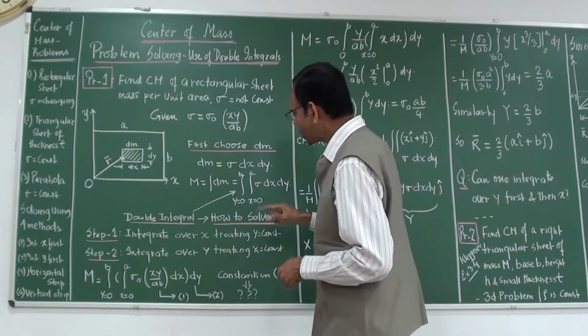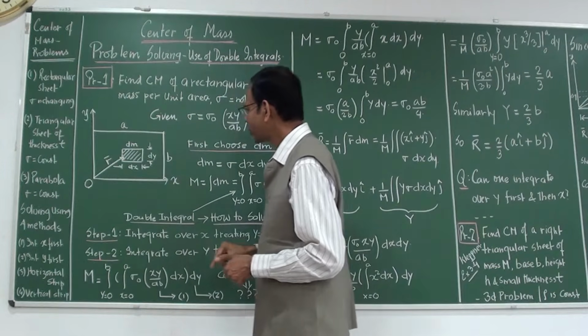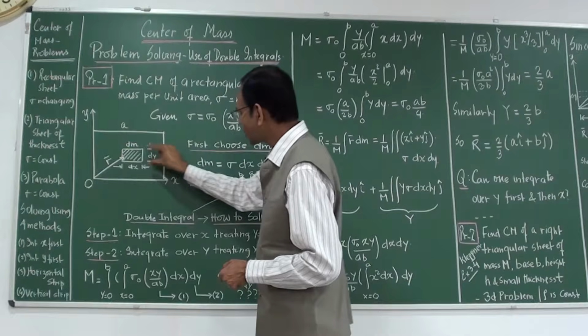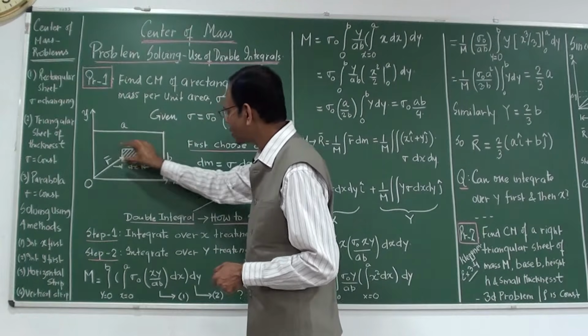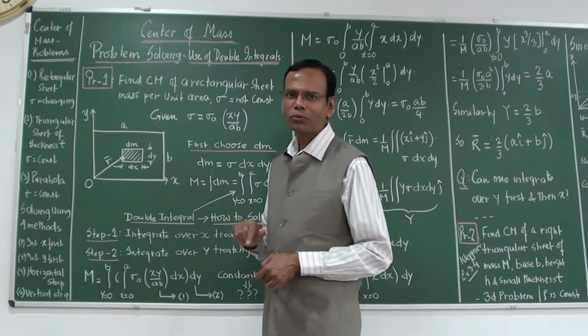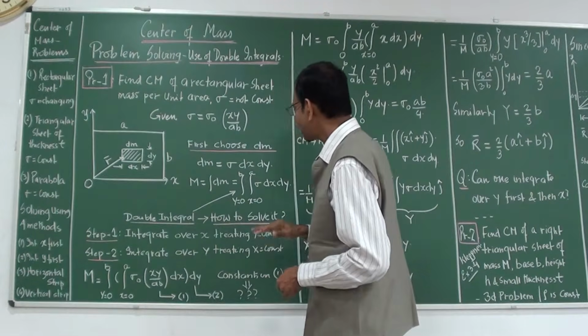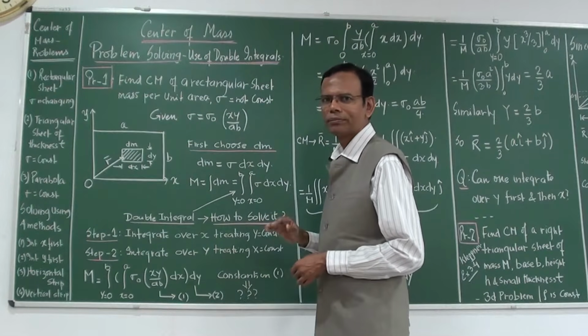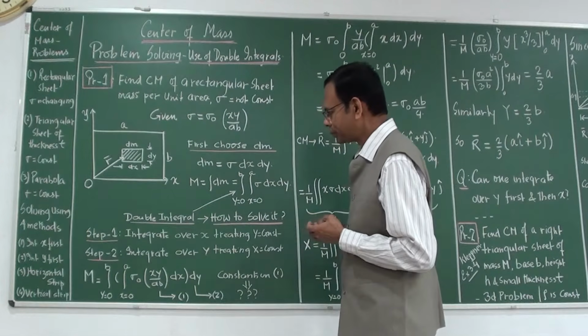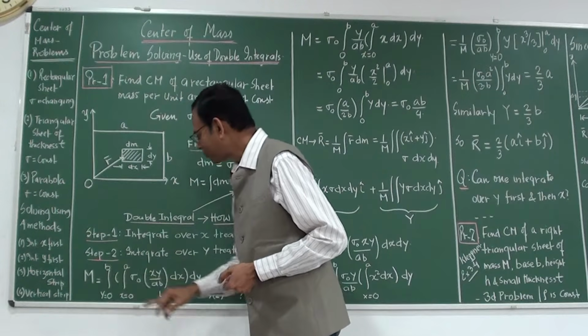Then you put the limits of x, and when this is taken care of, that means you have integrated over this strip, then you put the limit of y. That is how you find the whole integral. I hope this is clear. Now let us see how to do it.